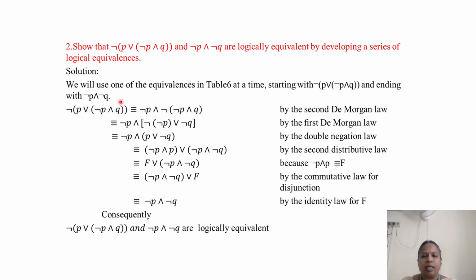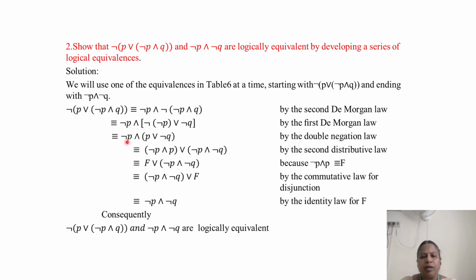For the second term, negation of P and Q, we again apply De Morgan's law, that means we apply the negation inside the bracket. Negation of negation P. Here the AND becomes OR, Q becomes negation Q. And we know that by double negation law, negation of negation P is P. So P or negation Q.